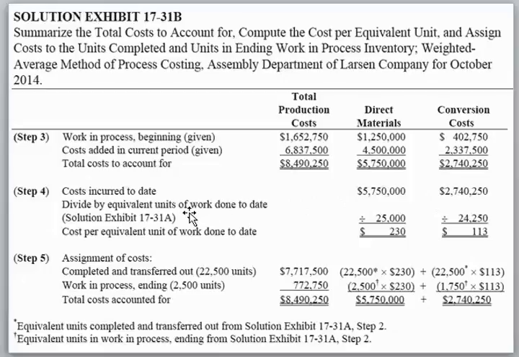It will be divided by the equivalent units of work done to date, which we got from Exhibit 17-3A, number of equivalent units: 25,000 for direct material and for conversion cost 24,250. We divide the costs by the equivalent units to get the cost per equivalent unit, which will be direct material $230 and the conversion cost will be $113.